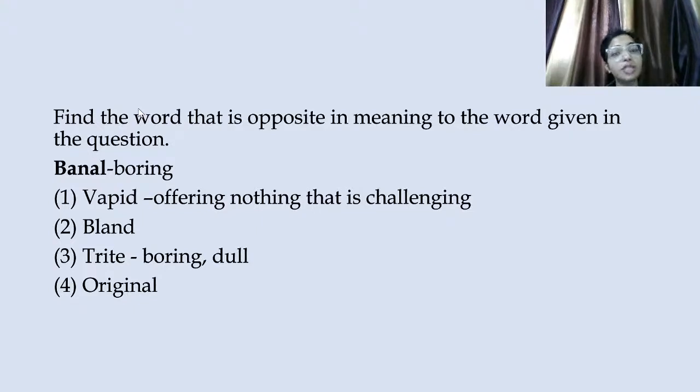So, banal means boring, and the options are vapid, bland, trite, original. I'll give you a couple of seconds to figure out the right answer.